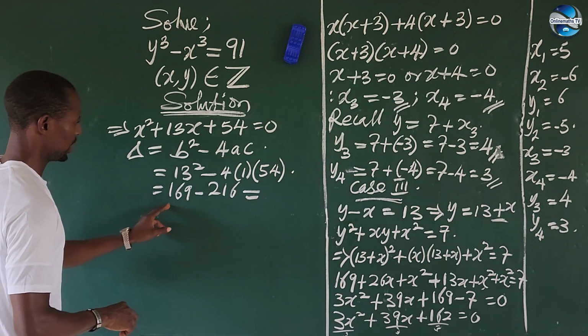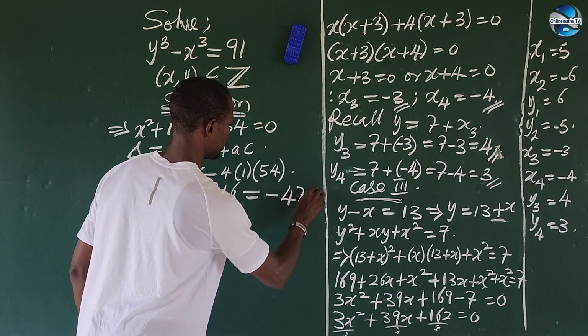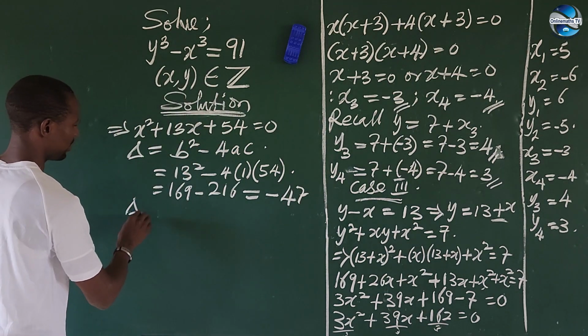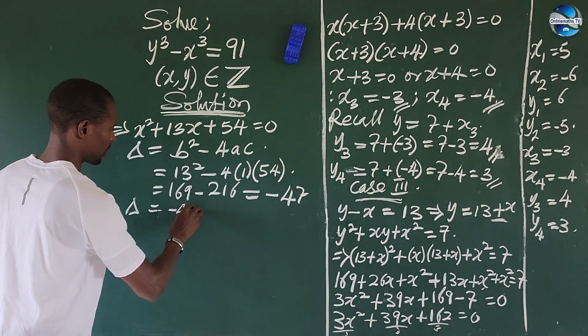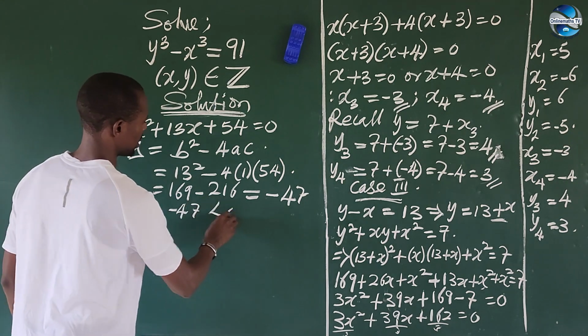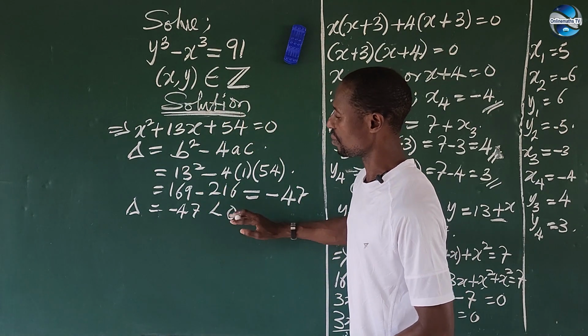All right, so let's subtract and see what this gives us. This will give us minus 47. So here our delta is equal to minus 47, and this is less than 0. So there is no integer solution or real solution from here.